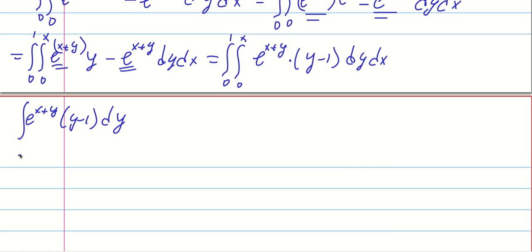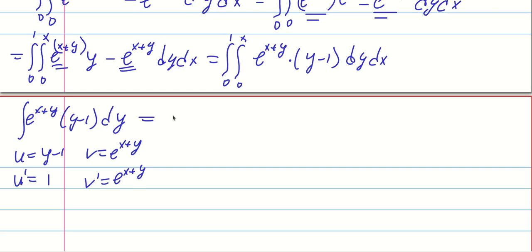We'll think of u as y minus 1, u prime as 1, and v as e to the x plus y. Then v prime is also e to the x plus y.